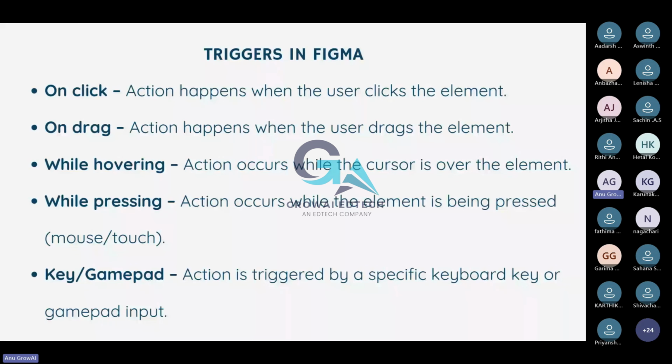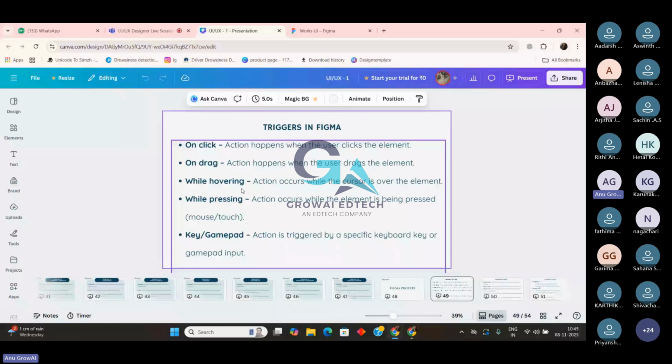So, while pressing. Can anyone see that on click and while pressing are kind of the same content? Clicking is the same, pressing is the same. So what is the difference between them? This trigger is where actions occur while the element is being pressed, from mouse or touch.